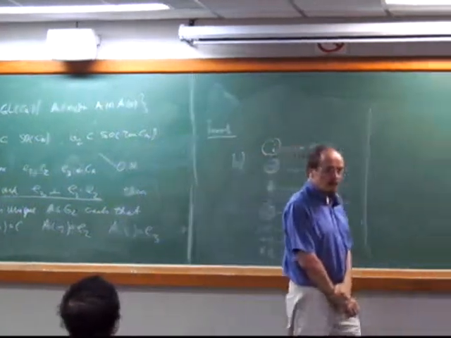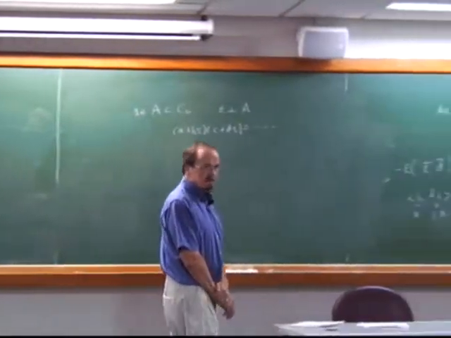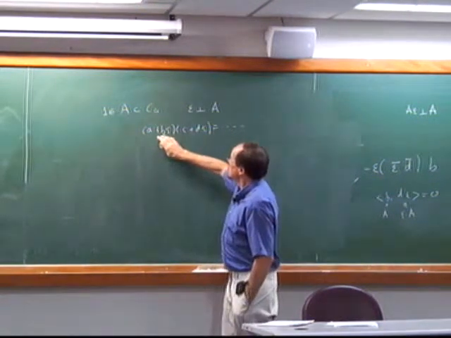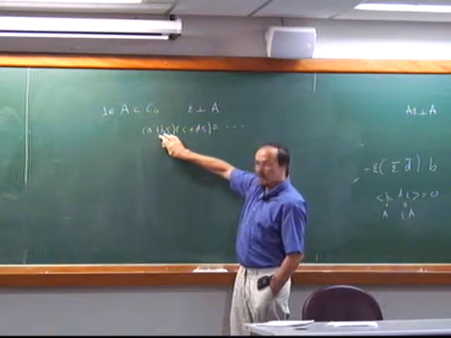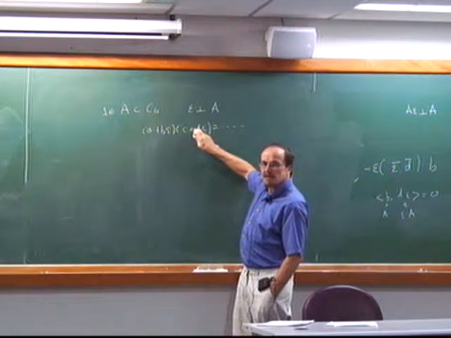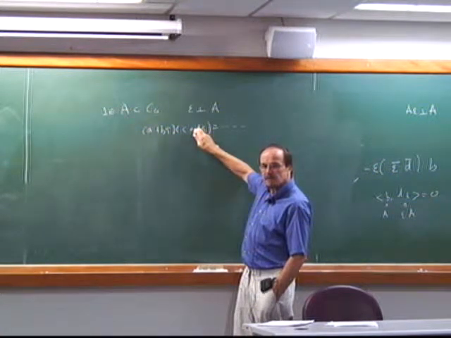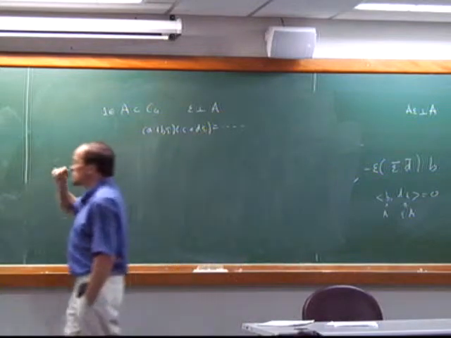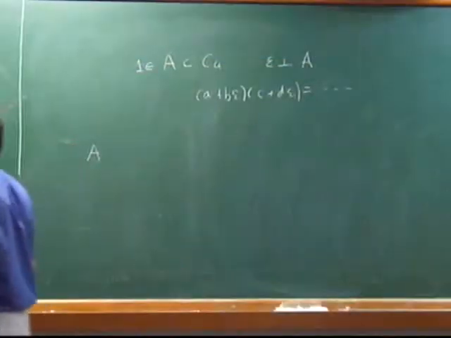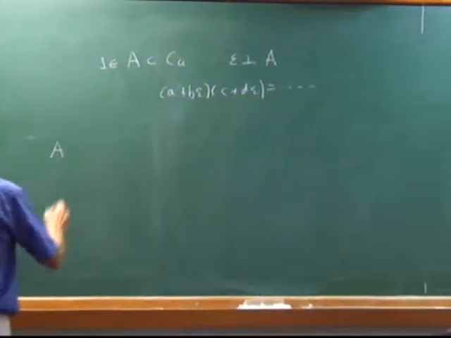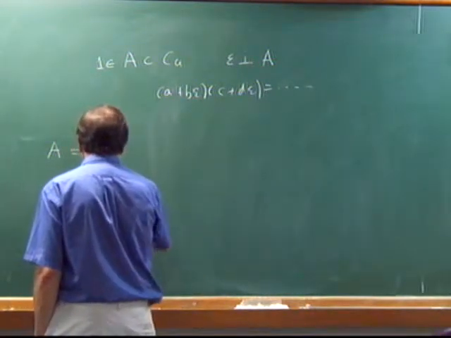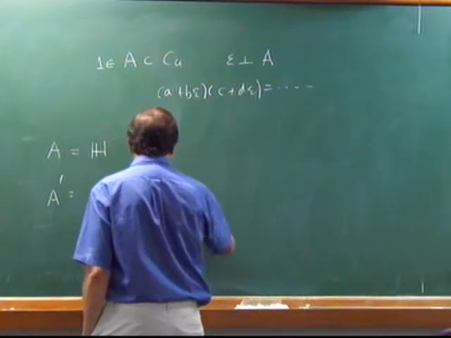Use the theorem for the opposite algebra generated by I, J, K, and 1. That's what I'm trying to say here. This proposition tells me that if I know a subalgebra on which multiplication is respected, no matter what element I take orthogonal to that, the multiplication looks the same. So in other words, here I would say, take A to be H, take A prime to be 1, E1, E2, and E1 times E2.